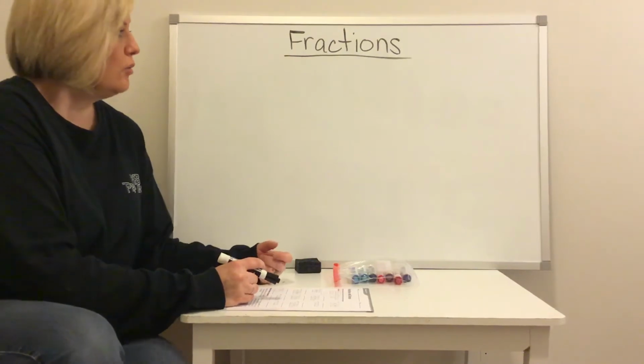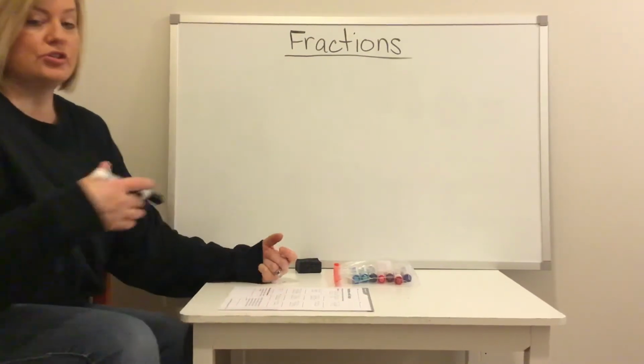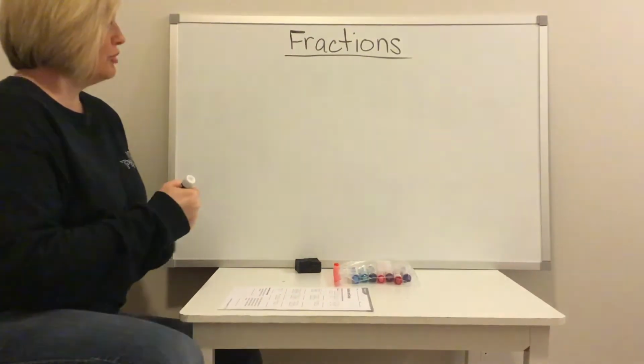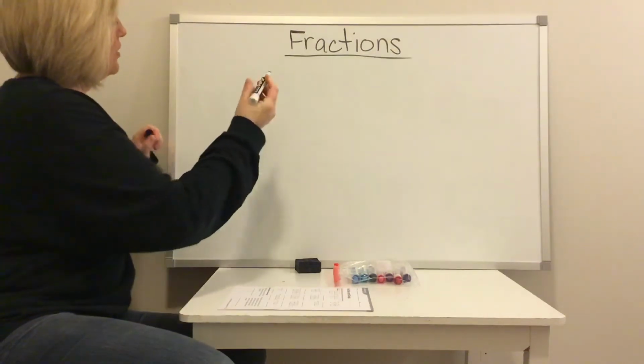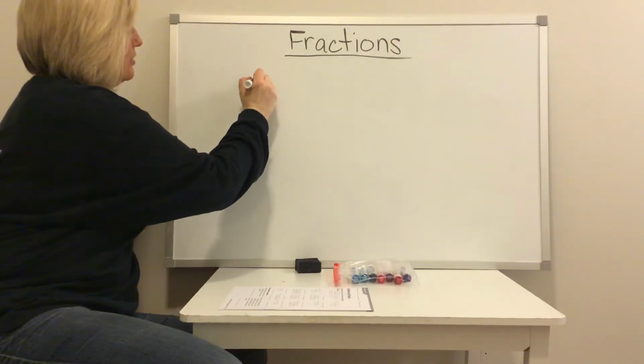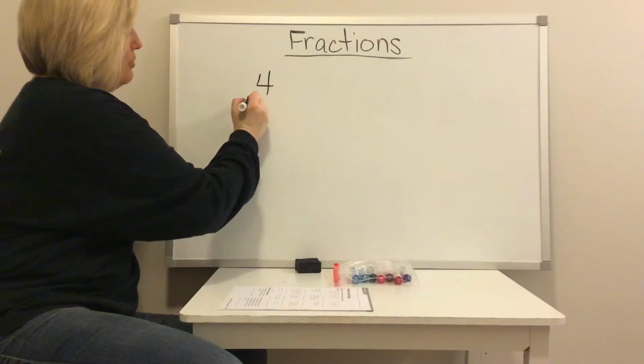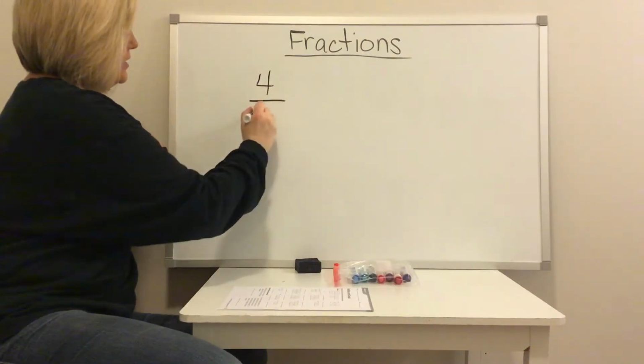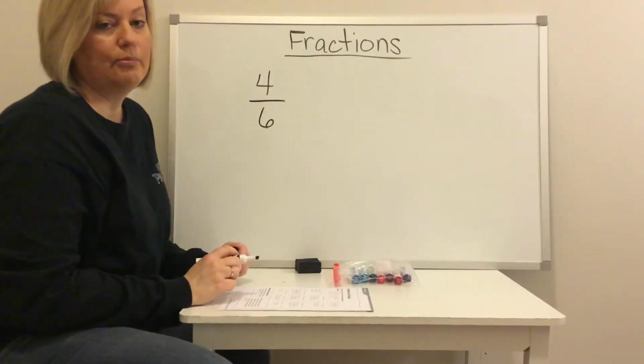Okay? Now I want to quickly review some terms when we're dealing with fractions. Remember that we write a fraction with a number at the top, then a line, and then a number below it.